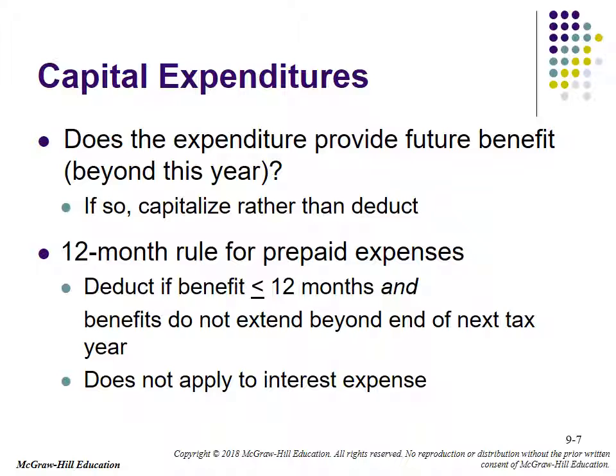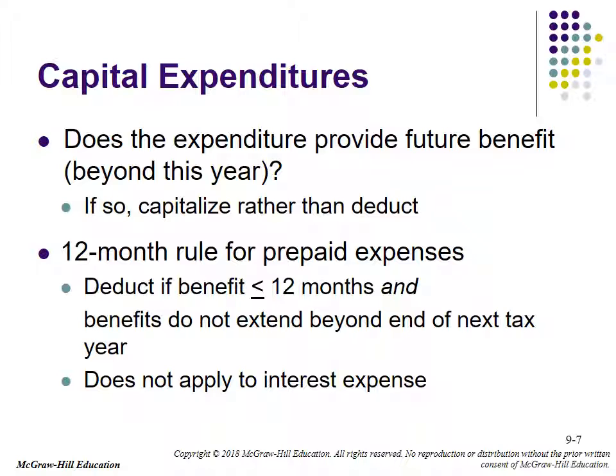So what we're saying here is, let's say on December 1st of 2017, you prepaid your insurance for the coming year. So the insurance policy will run from 12/1 of 17 through 12/1 of 18. So you have a whole year's worth of insurance there. And you paid on 12/1 of 17.